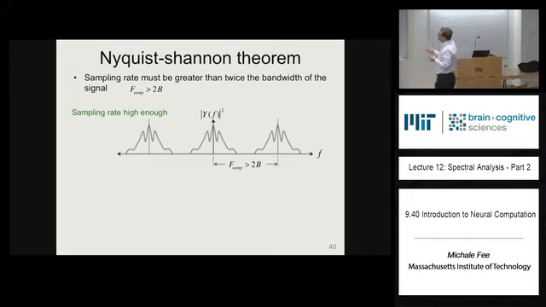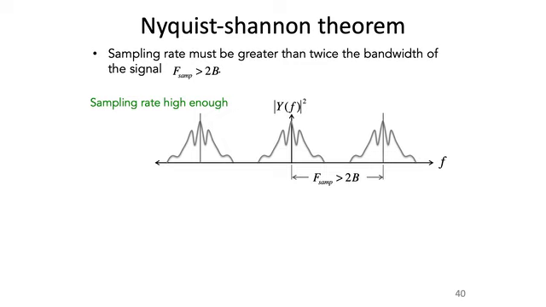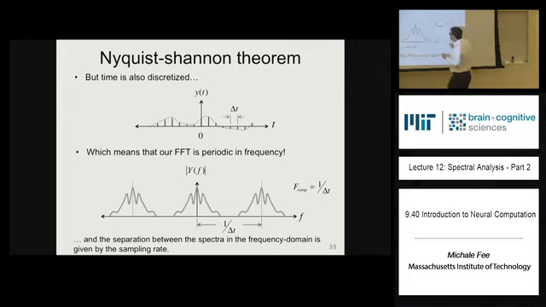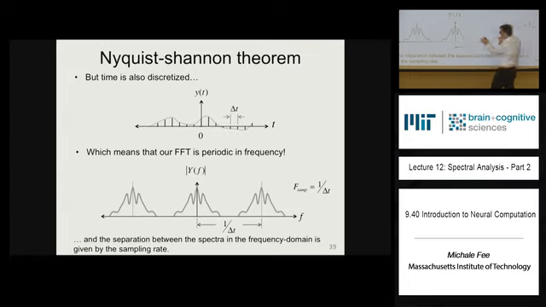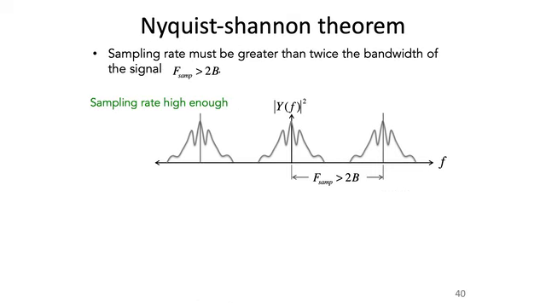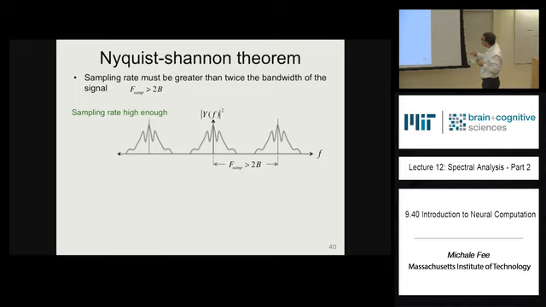So what this says is that if you want to properly sample this signal in time, you need these copies of its spectrum to be far away so they don't interfere with each other. Okay, so what that means is that you need the sampling rate to be high enough.